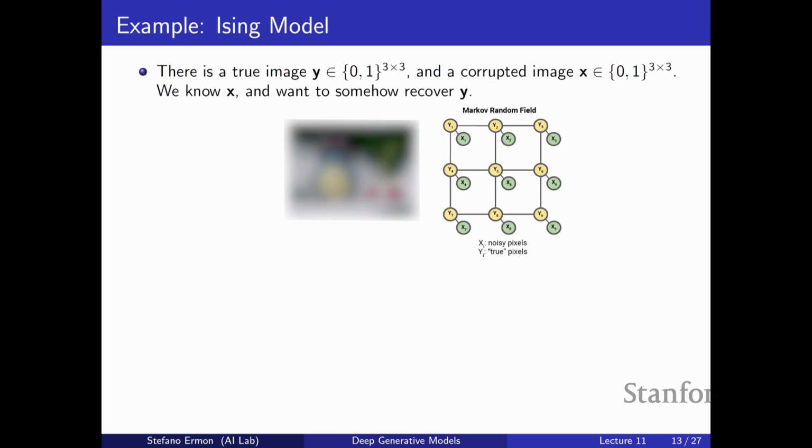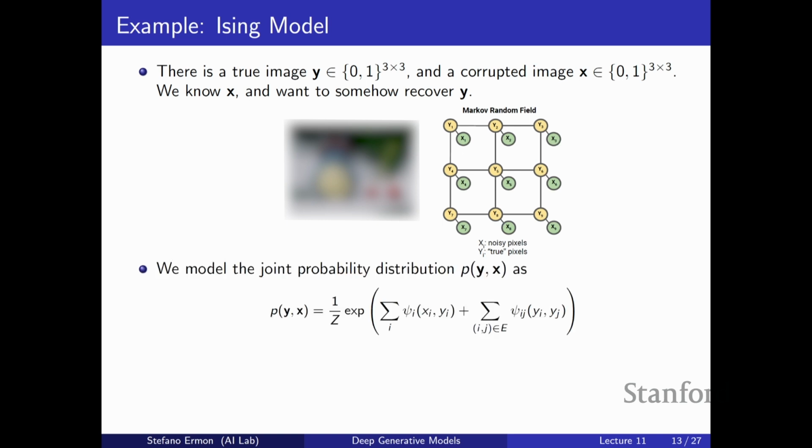As an example, we can think about the problem of doing denoising, and this is an old school approach to denoising, where we have a probabilistic model that involves two groups of variables. We have a true image y that is unknown, and then we have a corrupted image x, which we get to observe, and the goal is to infer the clean image given the corrupted image.